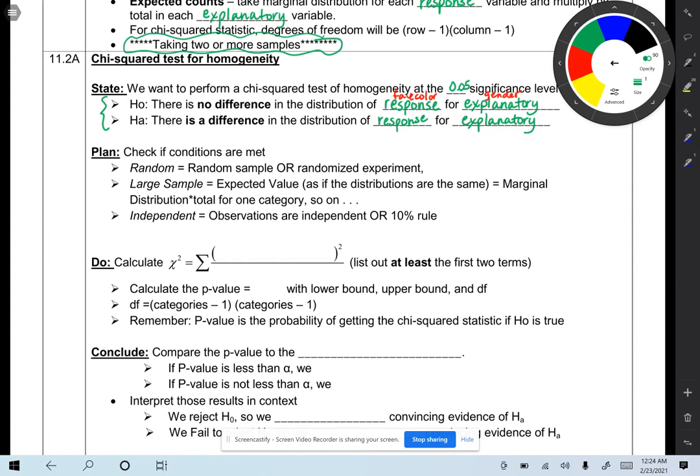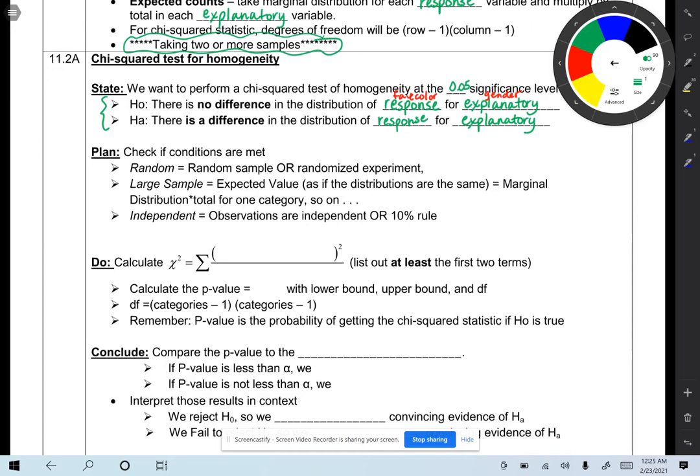Then you check if your conditions are met, and if conditions are met, then you're going to do the chi-squared test for homogeneity. So random, it's going to be a random sample or randomized experiment. The large sample, the expected value you will get by taking the marginal distribution times the total for one category and so on. I'll show you how to do all that in our example.